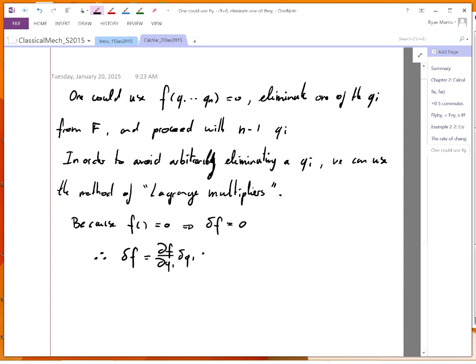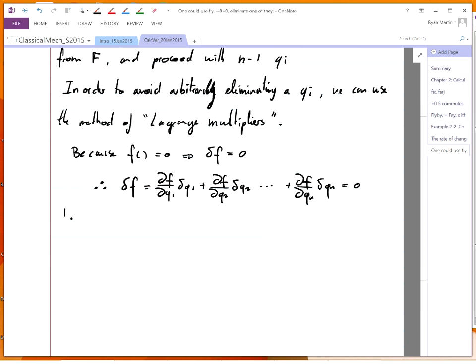So that's di f by di q1 delta q1 plus di f by di q2 delta q2, all the way to di f by di qn delta qn. That's got to equal 0.